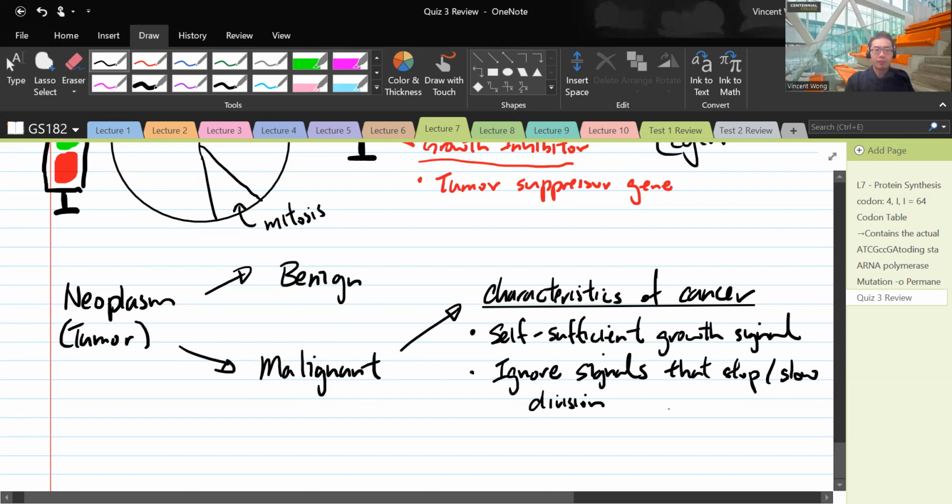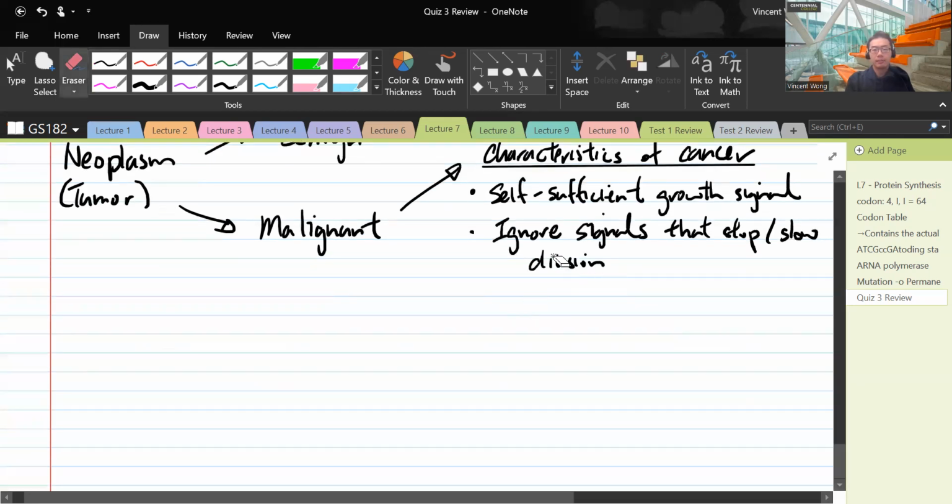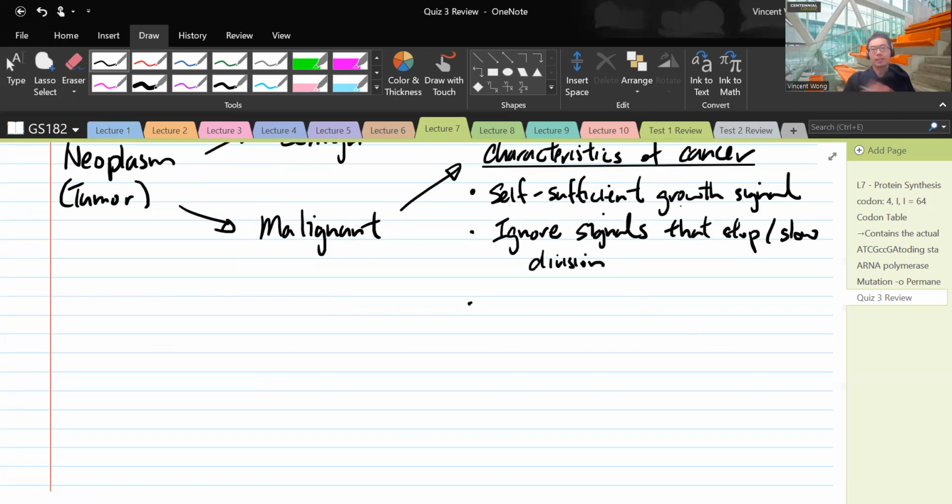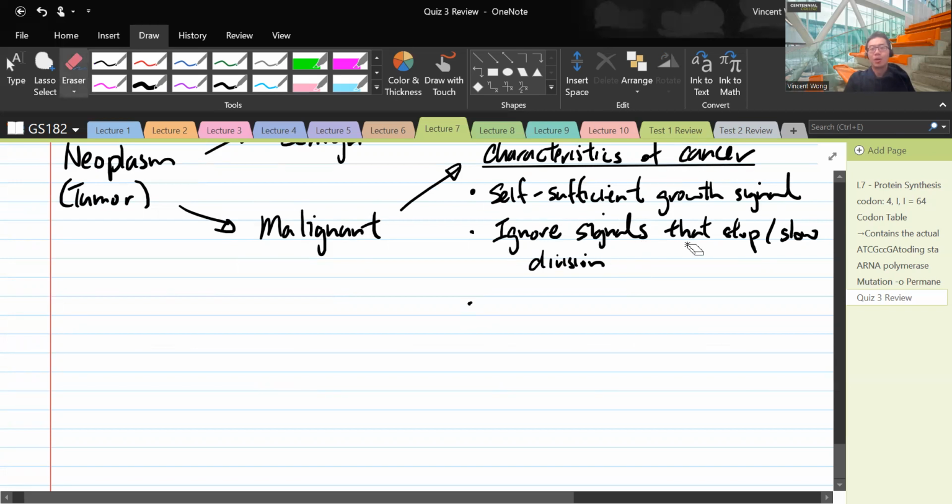I'm paraphrasing from what I have in the notes. So not only do they have their own green lights, they won't stop even if you try to tell them to stop. It's like my kids. Stop hitting your sister. They don't care. They just keep on doing it. So they ignore stop signals.